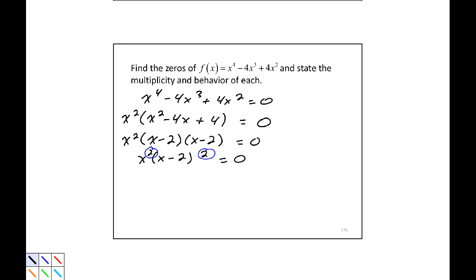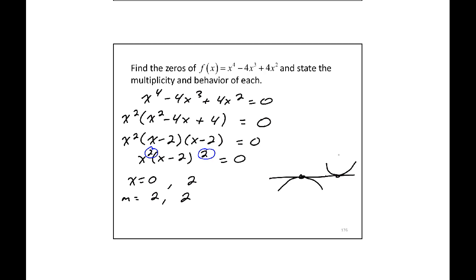So the first of these, x squared, when I set it equal to 0 and solve it, I see that x equals 0, and x minus 2 equals 0 would tell me that x equals 2. Each of those has a multiplicity of 2, which means both of those touch the x-axis and then bounce going back the other direction, as our picture showed previously, or potentially, depending on how it comes into that, it's going to bounce off in that same direction.